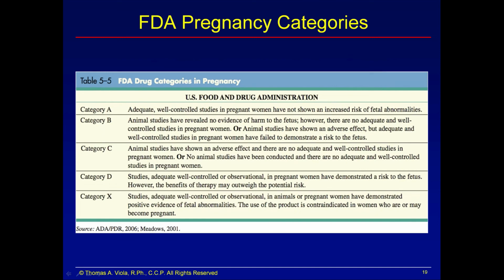Let's put it this way. We should probably avoid drugs in category D or, self-explanatory, category X in pregnancy. And lucky for us, we don't really have many drugs in dentistry that fall into those categories. So that's an example of how the FDA has established things like safety and efficacy, not only for the general population, but also women who are pregnant, or as I like to say, women infected with the alien.